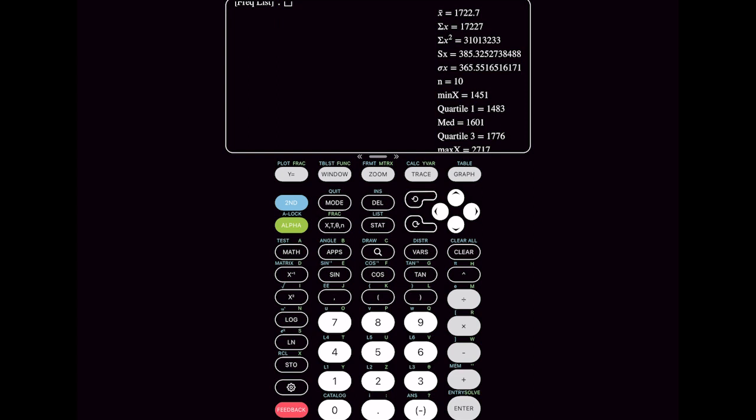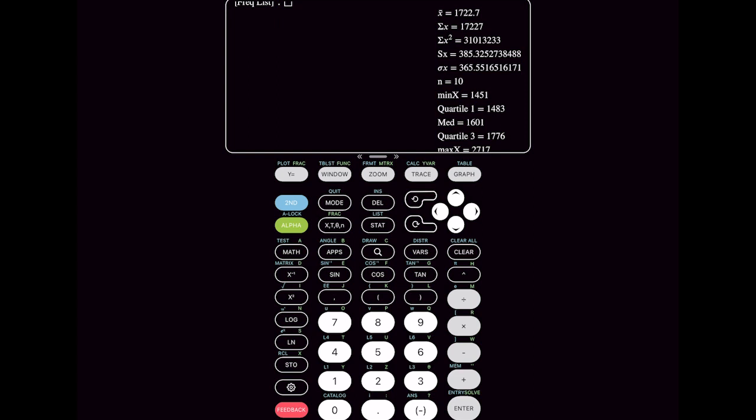And if I'm looking for the standard deviation, that would be Sx. We just label it as s. And the standard deviation would be 385.3 feet. So there is a lot of variability between the heights of those 10 tallest buildings. 385 is a large height. If you look underneath Sx, you'll see sigma x. It says 365.6. So that's the population standard deviation.